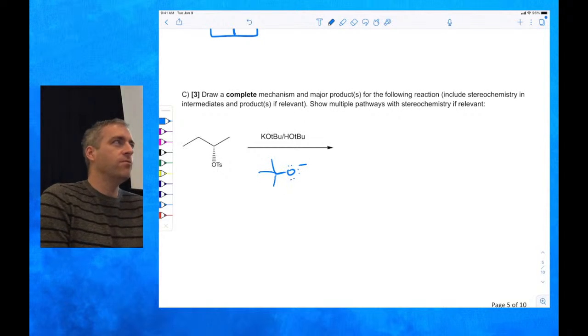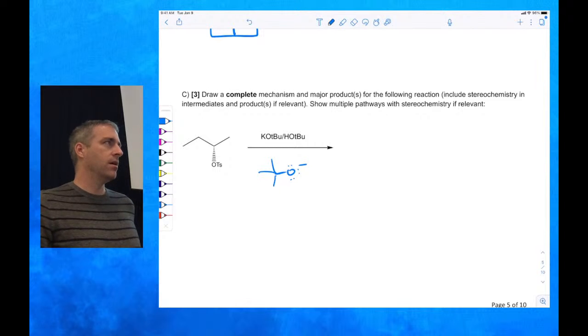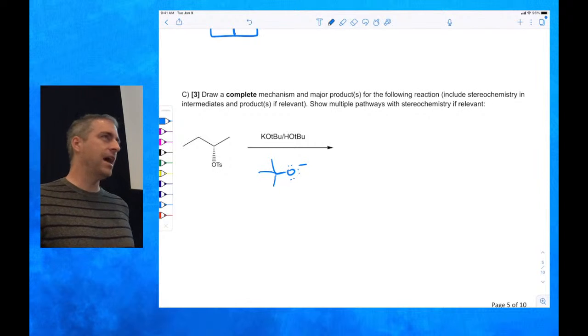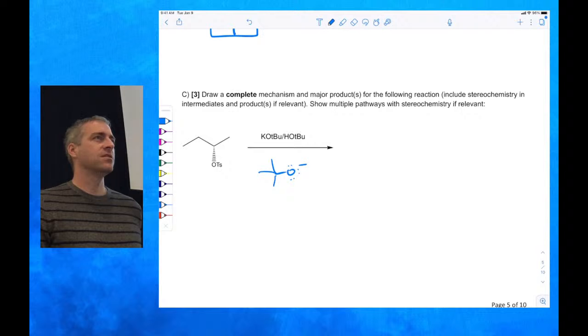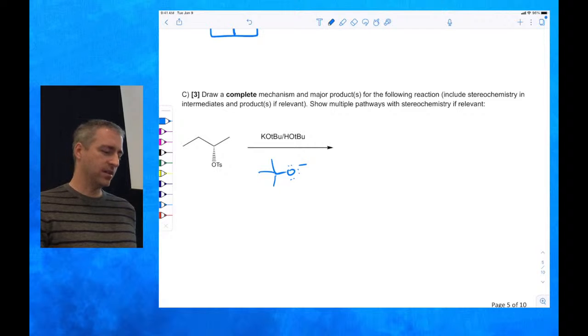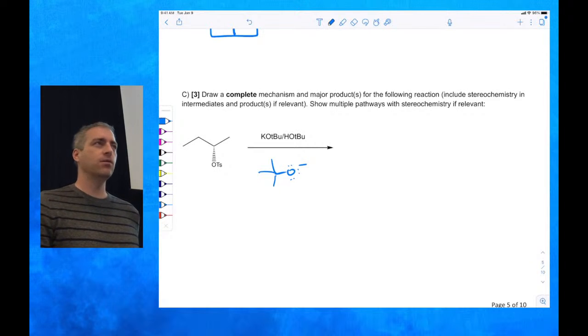Bulky alkoxides love to do E2, hate to do SN2. They're not very good nucleophiles because of all that bulk. And here we have OTs. What's OTs? Unit 11. That's a tosylate. Tosylates are very good leaving groups, so think of them as being like a bromide.